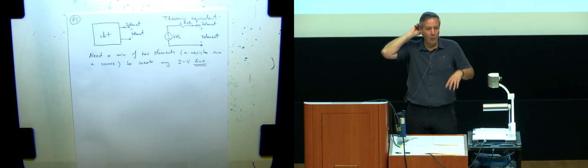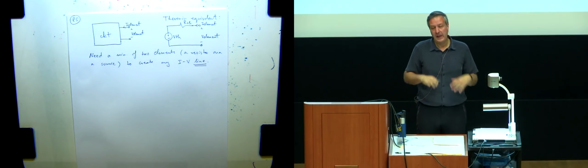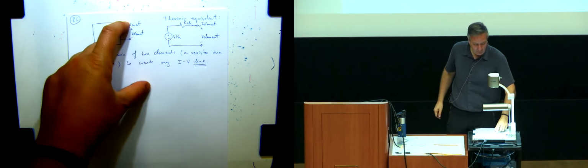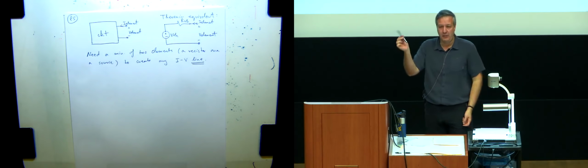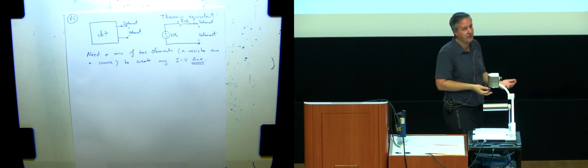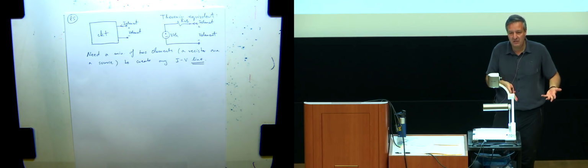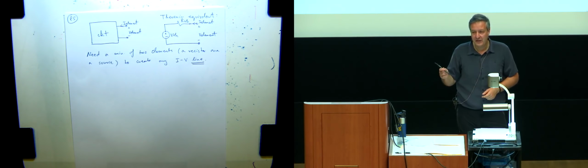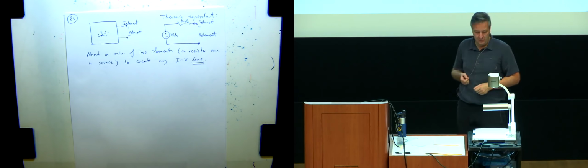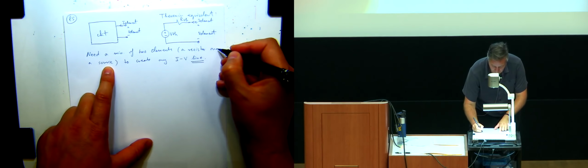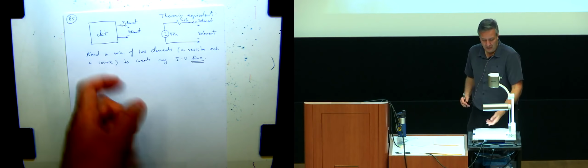Because we just saw earlier that any circuit we have, if I'm just looking at I element, V element, will always be a line. Because we know that our circuits only have sources and resistors. There's nothing else. So IV is always going to be a line, and to represent a line, I need two parameters. So if I have a resistor and a source, I can do this.